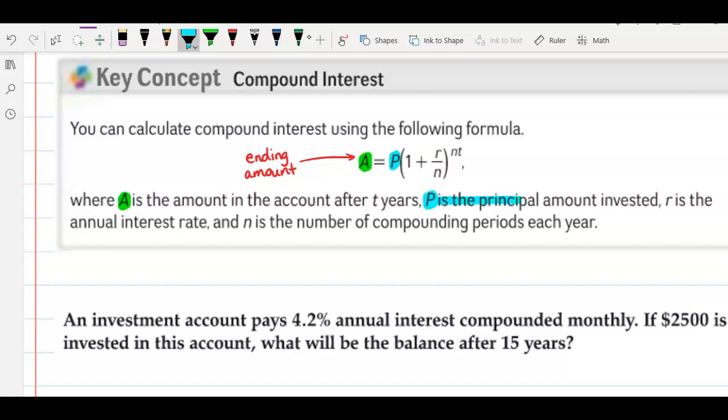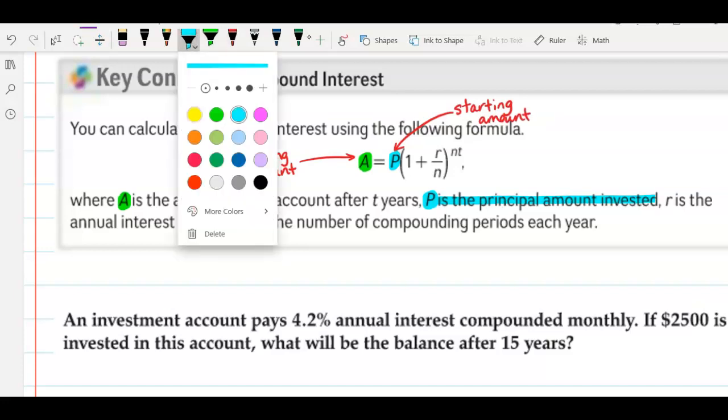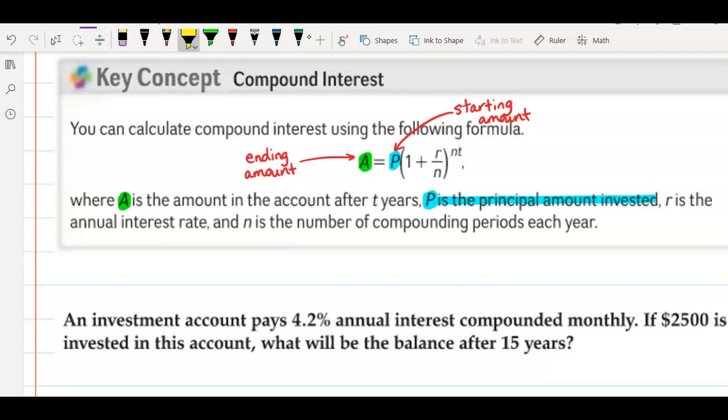We always start with the principal amount. That's our starting amount, or the amount of money we start with. R is going to be our rate. We've seen that in other examples, the percentage of the interest rate.